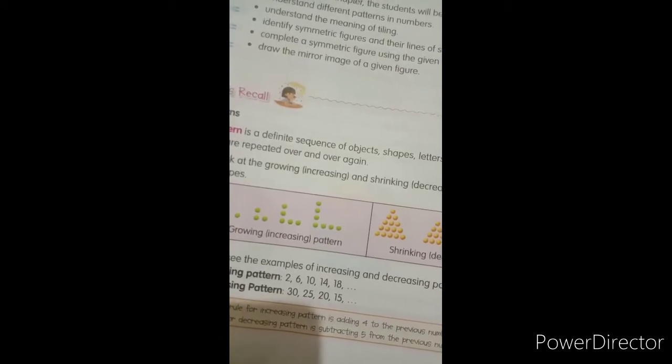So that pattern is followed in next term. Then two dots are increasing in vertical order, or two dots are increasing in horizontal order. Okay, so that pattern is followed on, and this is known as growing or increasing pattern.